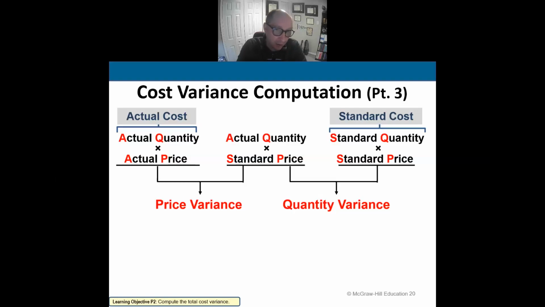Actual quantity times actual price, then the actual quantity times the standard price, to get the actual cost. For the price variance, actual quantity times standard price, find that. Then the standard quantity times standard price, to find the quantity variance.